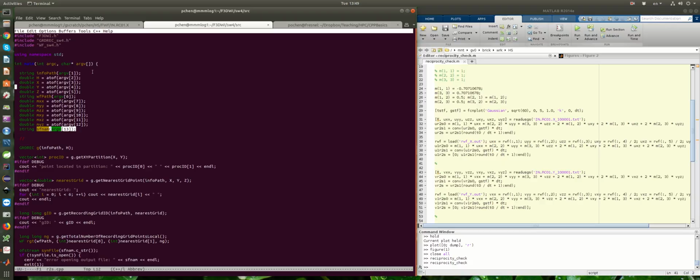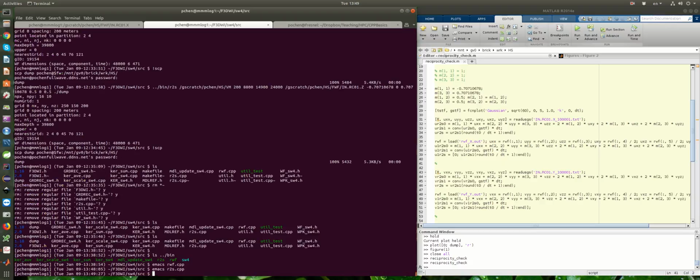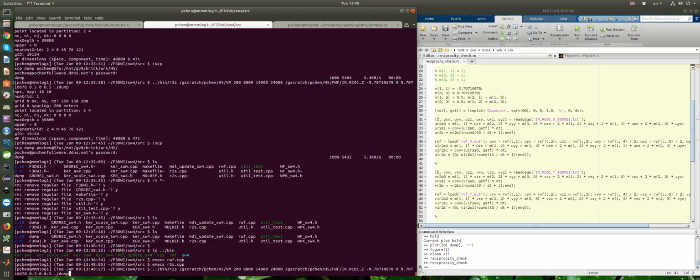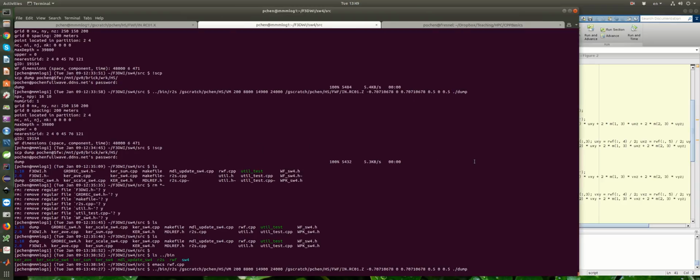That's how it's run. The synthetic seismogram is going to be stored under the current directory, and it's going to be called dump. That's the directory for storing all the information files related to the velocity model and the grid.